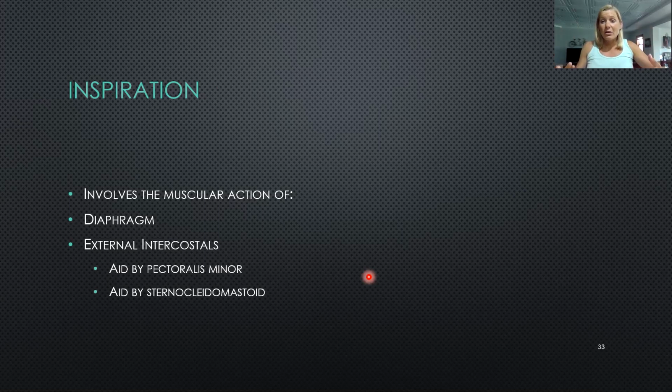Again, we can understand why those two things together are important in order for inspiration to occur. Diaphragm pushes down, the external intercostals push out and up, creating a larger thoracic cavity. Pec minor and sternocleidomastoid are also going to help pull the ribs up, or superiorly.